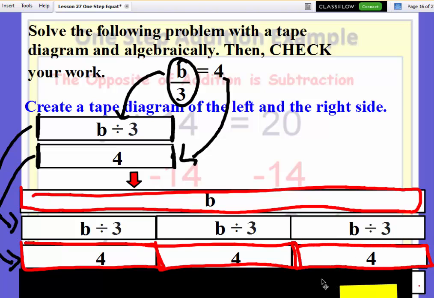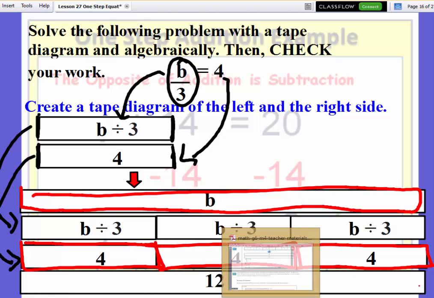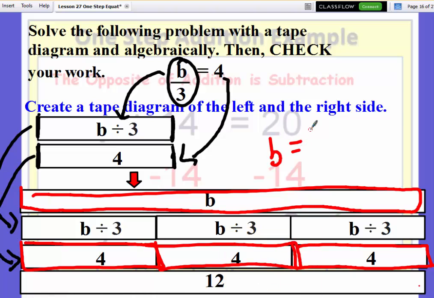So what is that? Well, 4 plus 4 plus 4, that is 12. So I'm left with b equals 12. I know that since b is the exact same size as my 12.